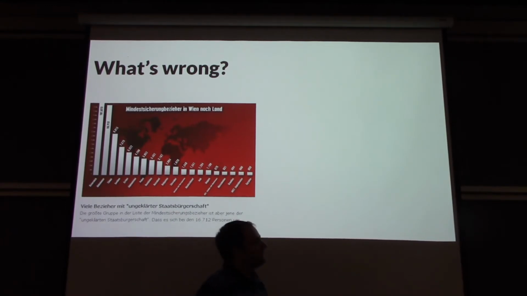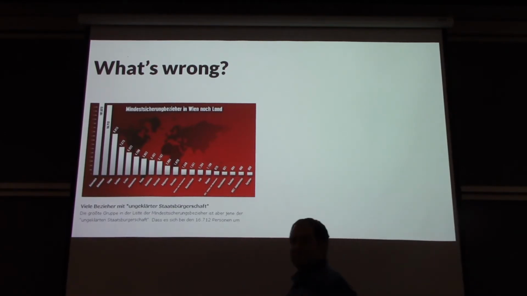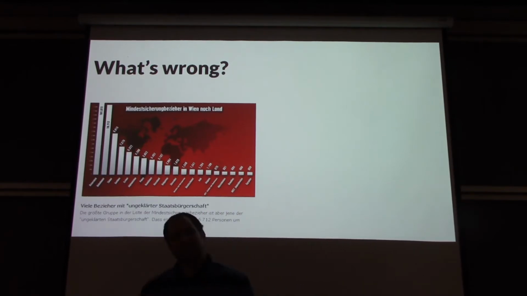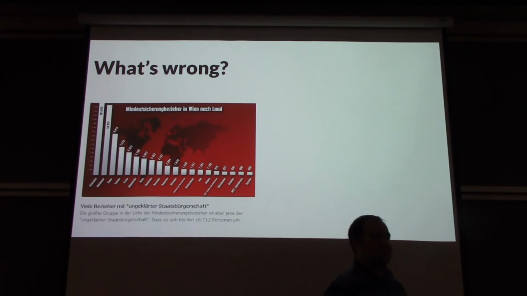The first bar, which is hard to see here, is Austria, and then we have other unknown nations, and we have Turkey, Serbia, and so on. So what's the message in this chart? There's a lot of people from foreign countries who take on Social Security benefits, right? That's kind of the message of this chart.